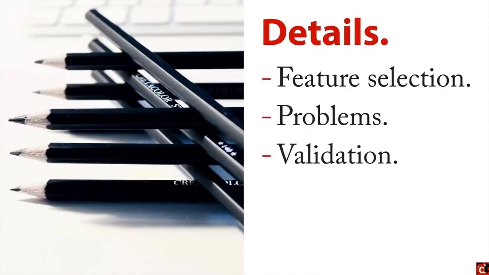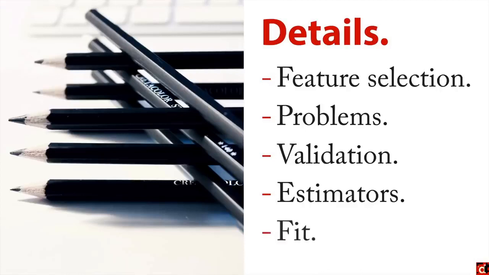Hopefully you have enough data that you can have a holdout sample and do that, or you can replicate the study. And then there's the choice of estimators that you use, how you actually get the coefficients or the combinations in your model. And then there's ways of assessing how well your model fits the data. All of these are issues that I'll address briefly when we talk about statistical analysis at greater length.